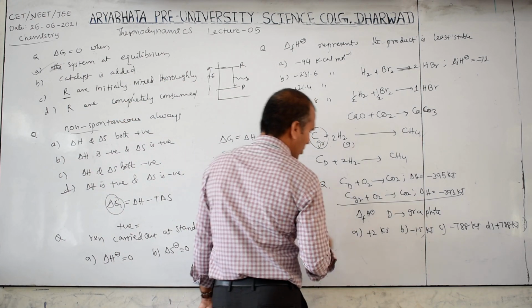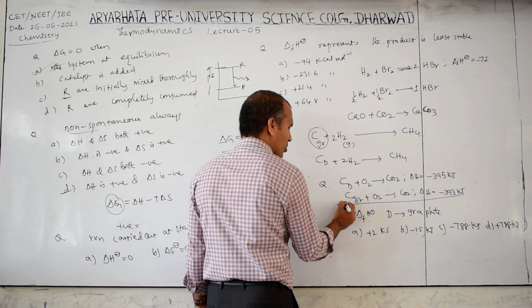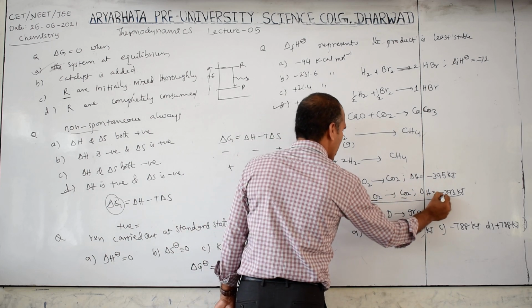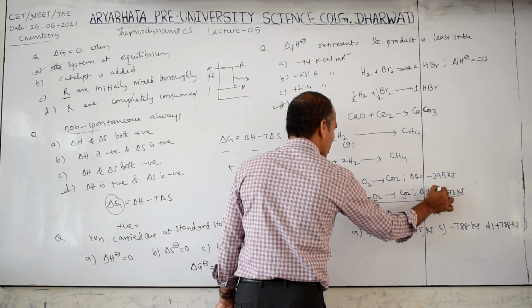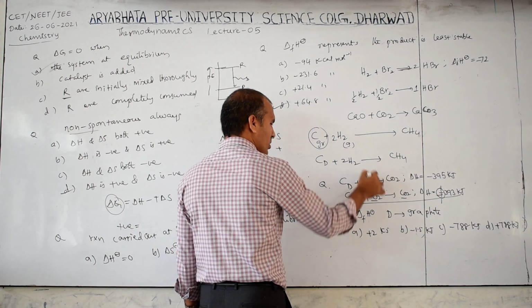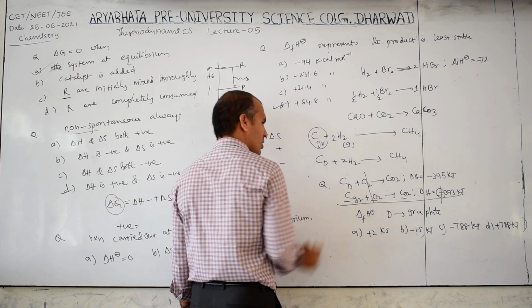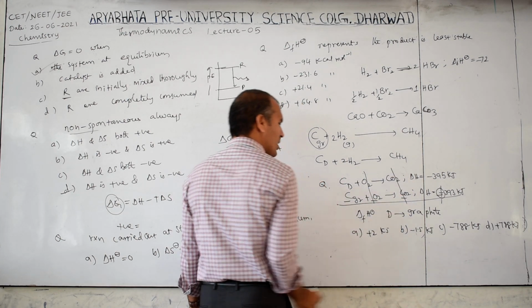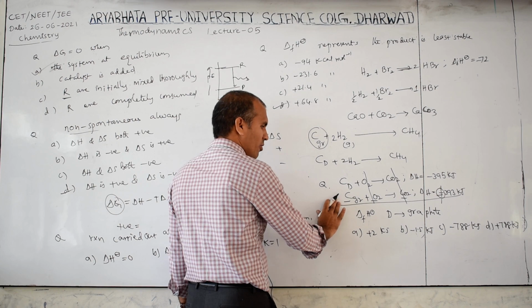So reversing is a time-taking process; therefore I want to multiply the second equation by minus. This becomes plus, and the oxygen cancels, and CO2 cancels. Left side C graphite goes to the right side.